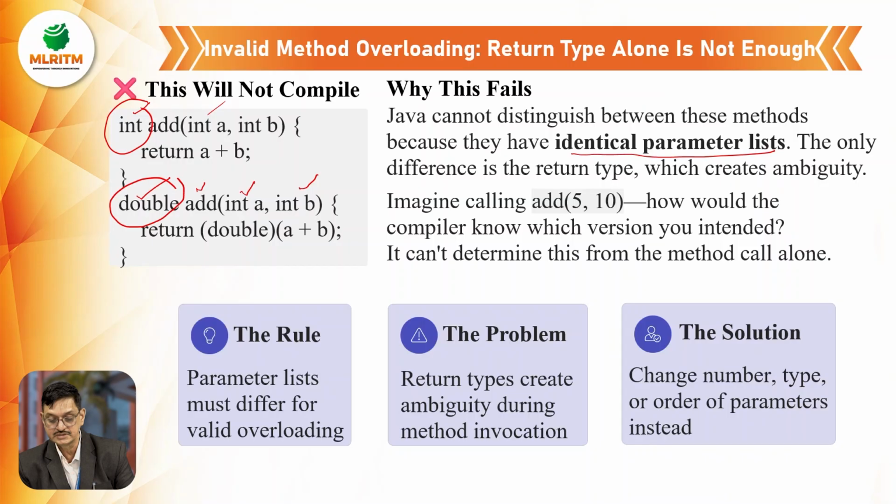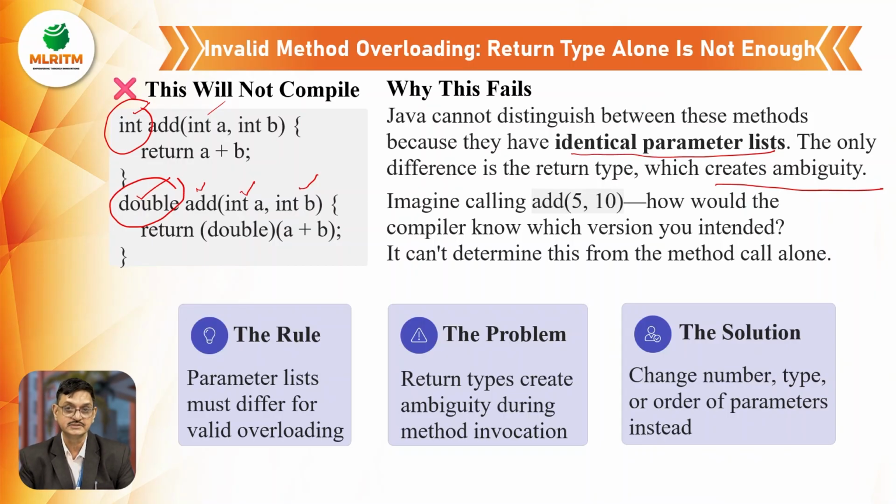The only difference is the return type. Here the parameters are the same, and the number of arguments and the data types are identical. So it creates an ambiguity in selecting the appropriate method.